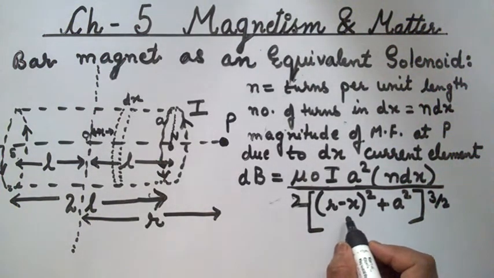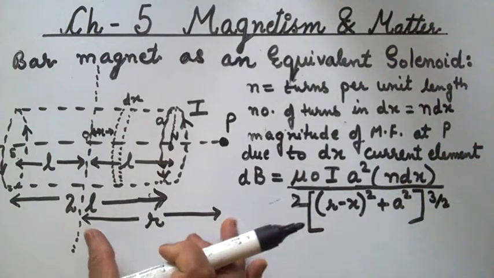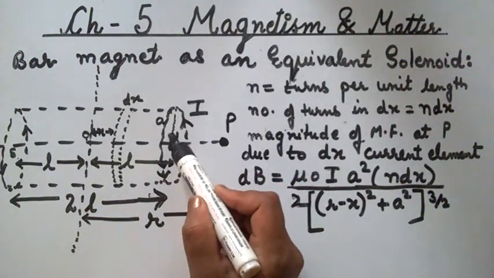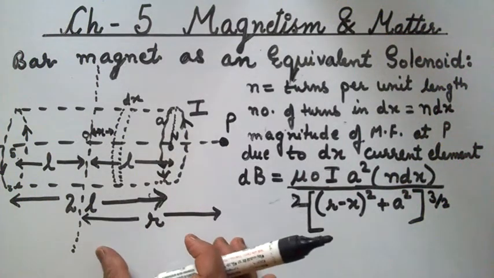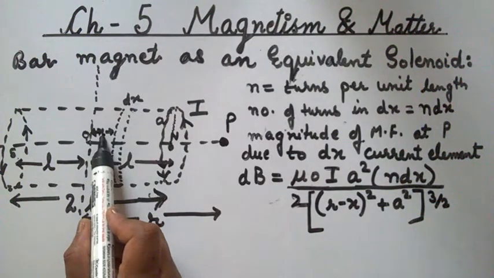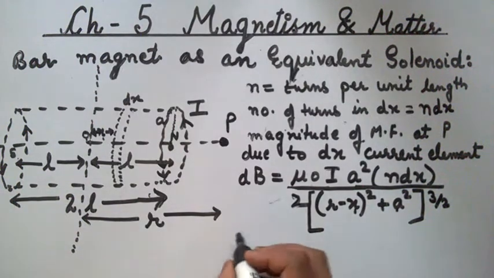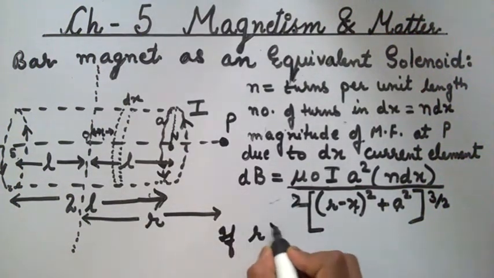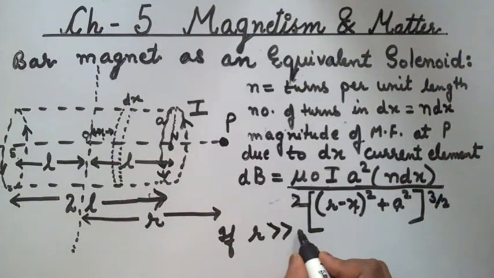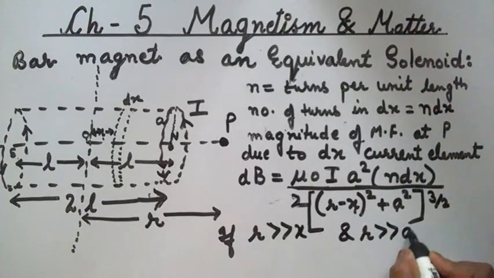Now if we consider that this distance r is very large as compared to the radius of the solenoid, or as compared to this small distance x, we can ignore x and a in that case. That is, r is very far away, greater than x and the radius.